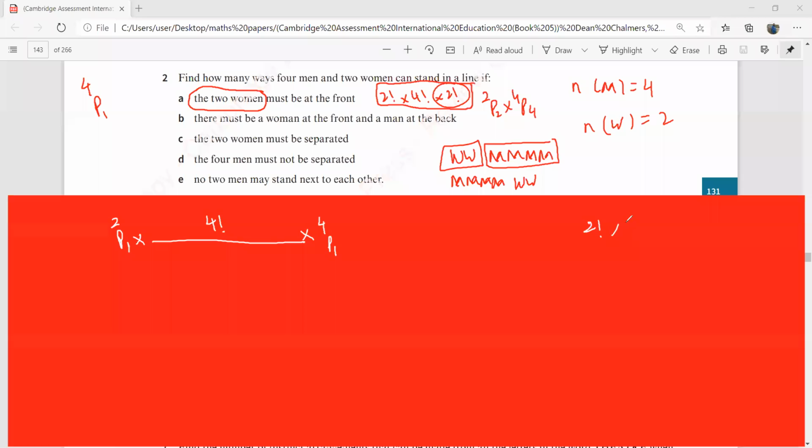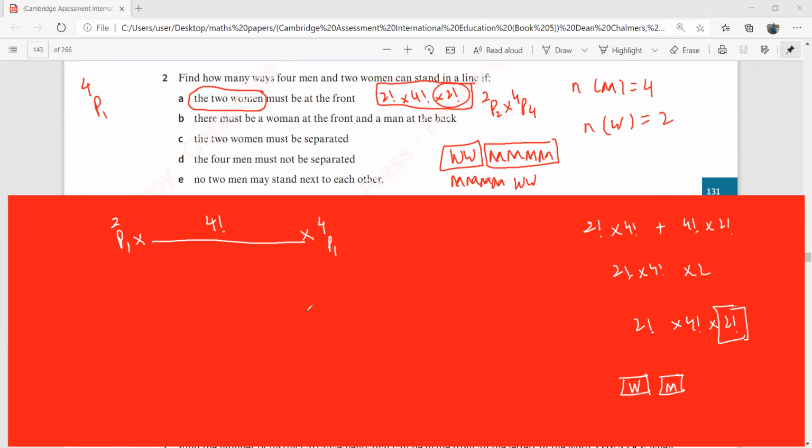This is 2 factorial into 4 factorial plus 4 factorial into 2 factorial, or you can simply say 2 factorial into 4 factorial times 2, or you can also say 2 factorial into 4 factorial times 2 factorial, because if you have two sets, one box for the women, the second for the men, and you want to arrange them, in how many ways can you arrange this? That is going to be this 2 factorial. So any one of these three is going to be the correct answer. Yes. Thank you, sir.